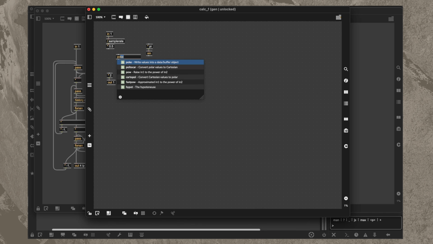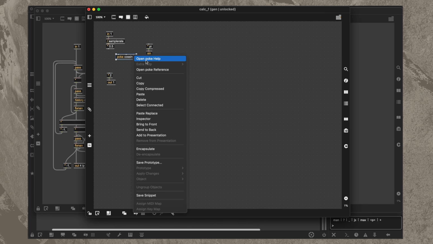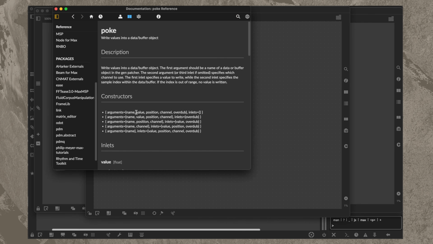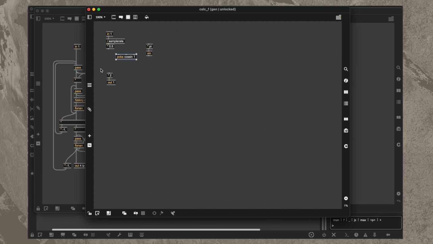And then I'll say poke cosine 1, I think. Because I think that first argument is going to tell the name channel, right? So yeah, that's the channel. And you know what, before we do anything in terms of passing this into the actual, oh, not poke, but peek.